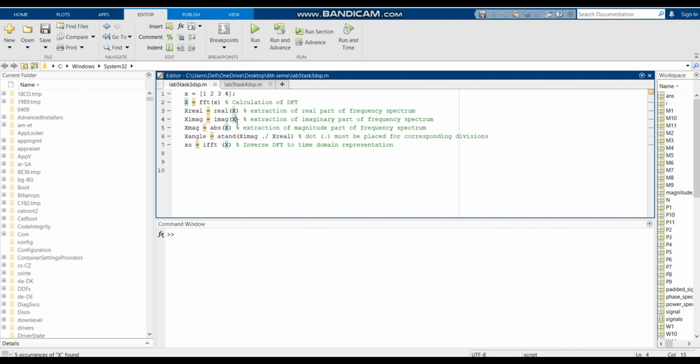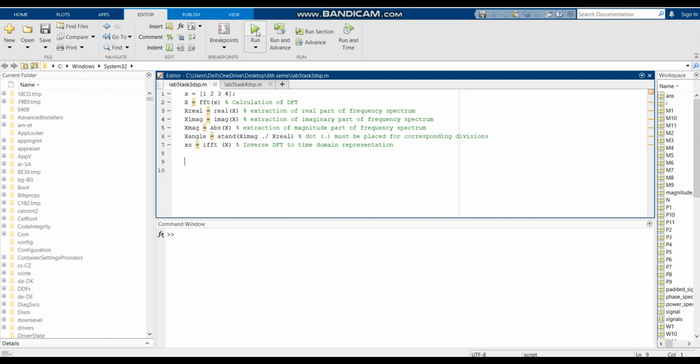The magnitude represents the amplitude of each frequency, while the phase includes the phase shift relative to the original signal. Finally, the code performs an inverse DFT on the frequency spectrum X to reconstruct the original signal in the time domain stored in xs.